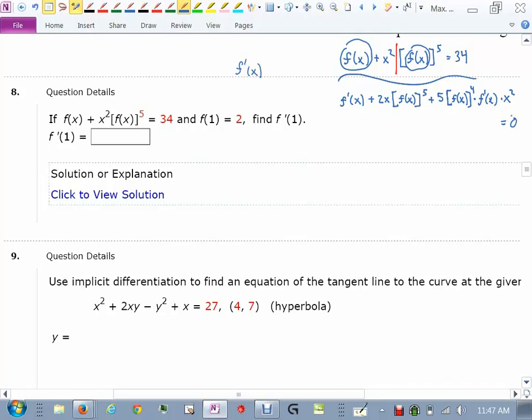So now what I'd like to do is figure out what's happening at 1. So let's replace all our x's with 1s, because that's what we want.